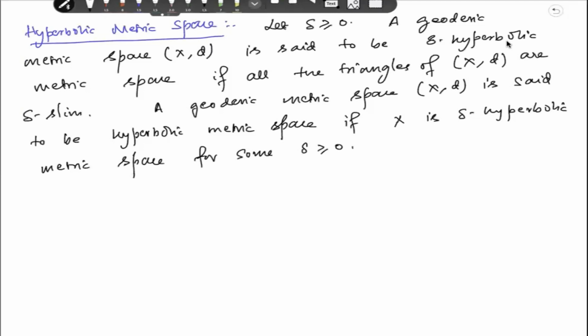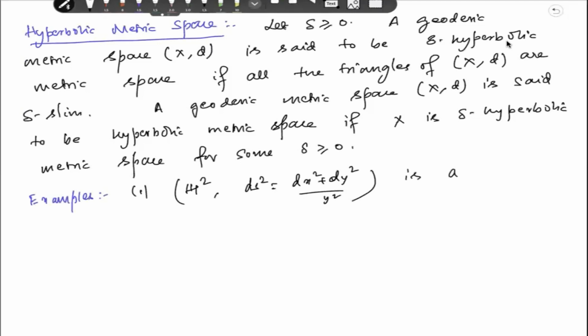So examples. The first example you already know: if you take the upper half plane with the hyperbolic metric, this is a log 3 hyperbolic metric space.